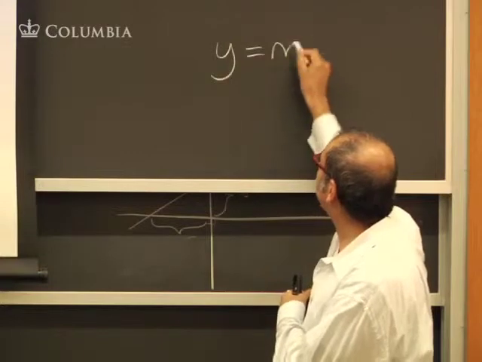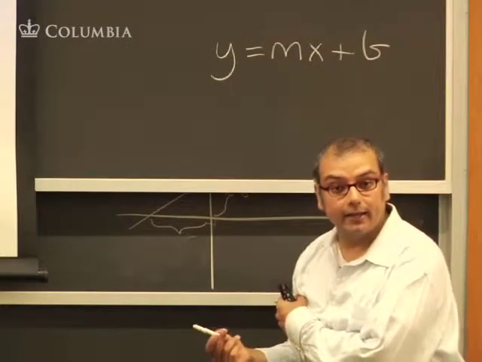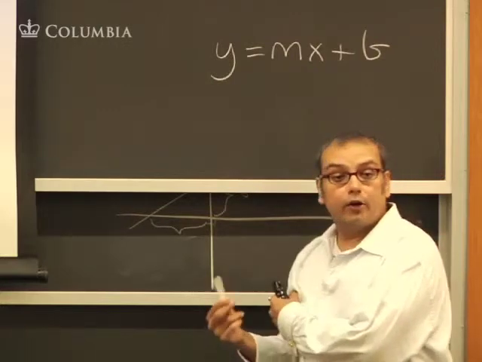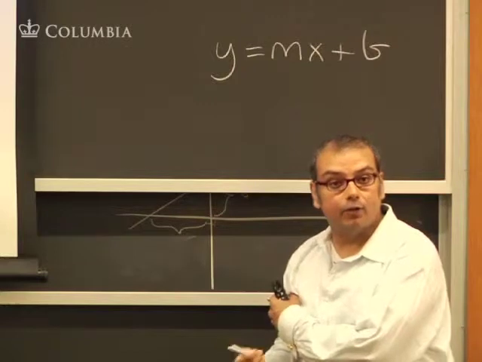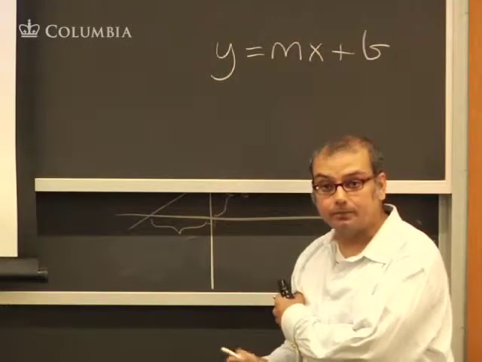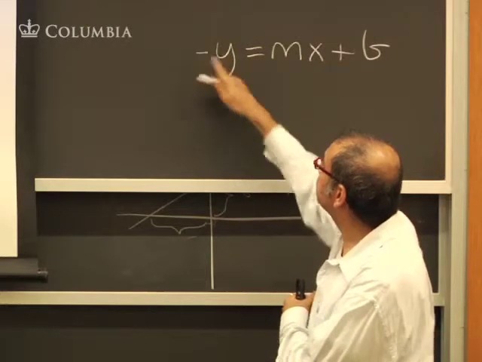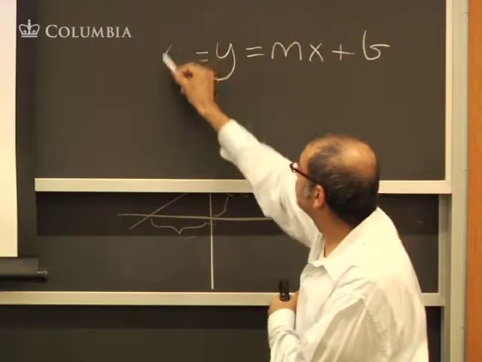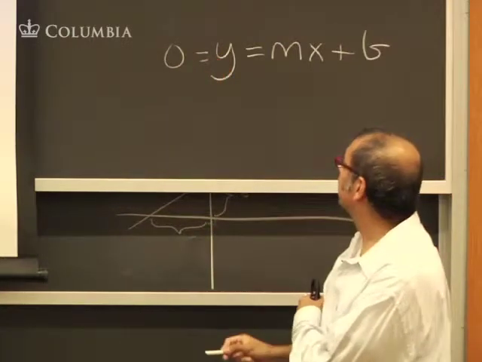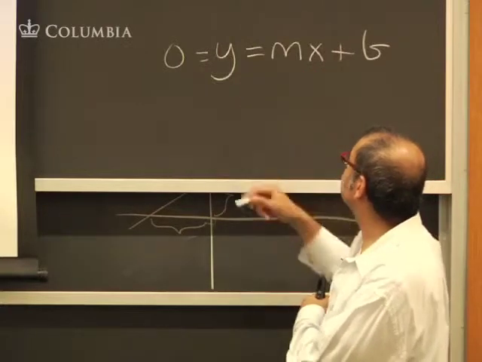Y is equal to mx plus b. This holds everywhere on the line. We are looking for a point on the x-intercept, which means the y value is, of course, equal to 0. So we are looking for the point, the subset of all these points where y itself is equal to 0. So we want the value of x where y is equal to 0.